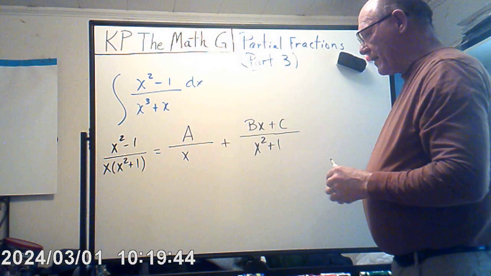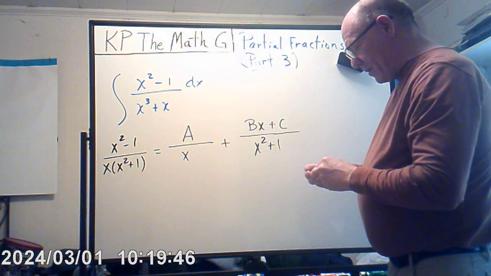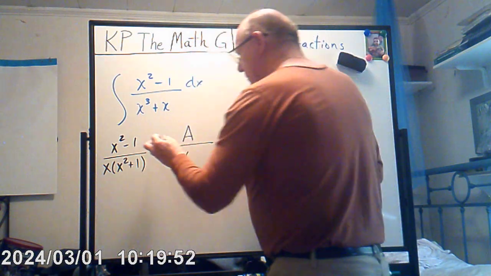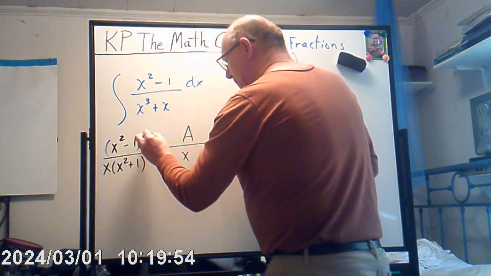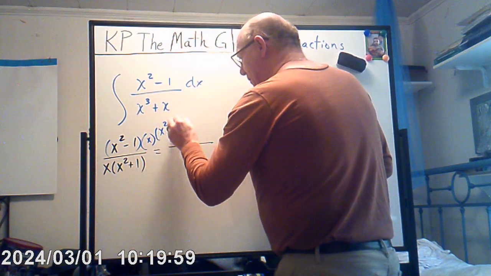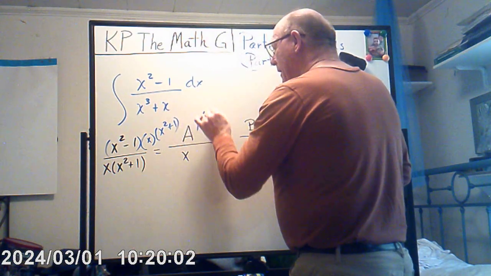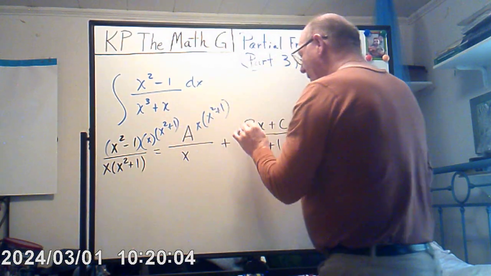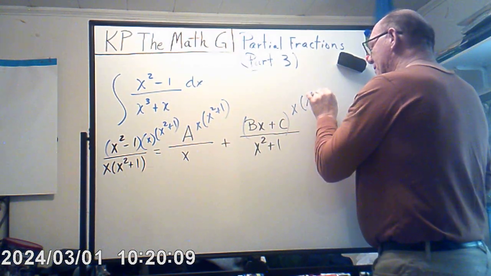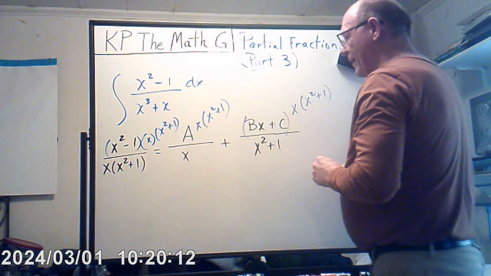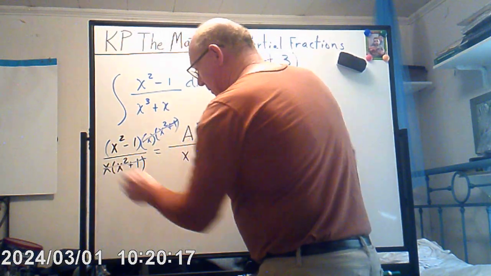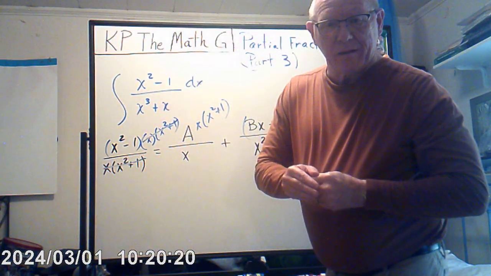Now let's do what we normally do. We multiply both sides by the denominator: x times x squared plus 1, x times x squared plus 1, and then finally x times x squared plus 1. Notice that all of this is gone. That's what you want to do, get rid of that denominator.